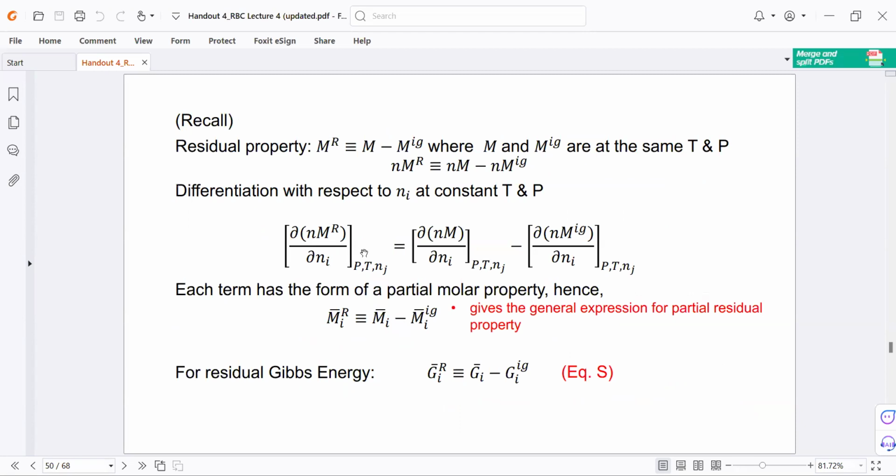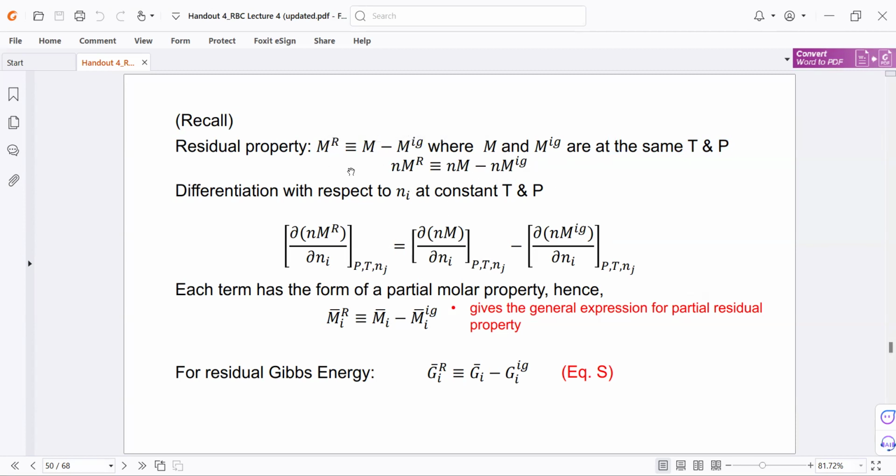Okay. And next, we recall the definition of residual property. So remember, it's the difference between the real property and the ideal gas property. And of course, this holds true at the same temperature and pressure. Multiplying this equation with the number of moles, we get the expression here.